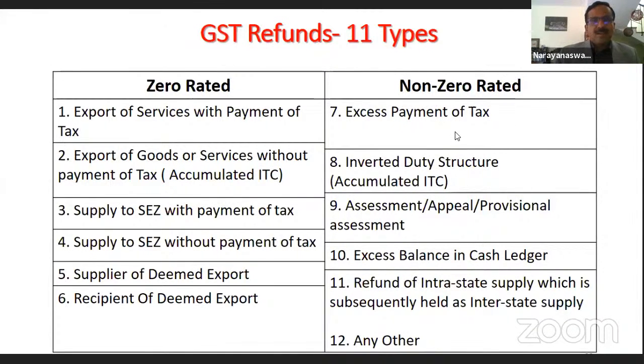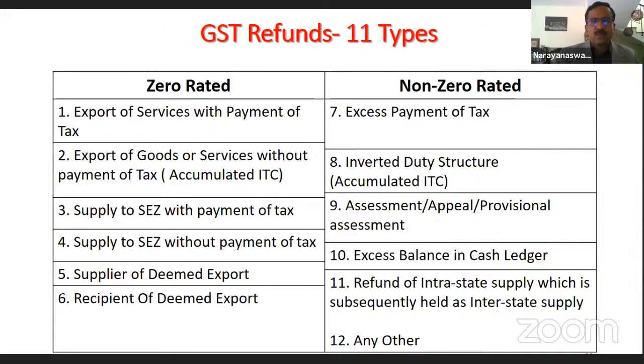Then there is something called non-zero rated refunds. In this case, for example, you have deposited more tax in your cash ledger. If you don't need it, you may take it back, but that has to be done through refund applications. And there are situations where what you pay on your input may be much higher tax than what you pay on the output.